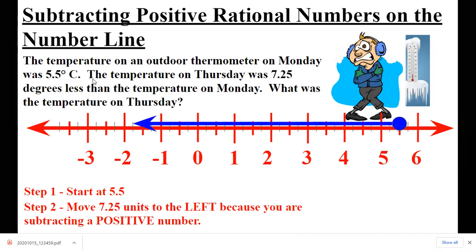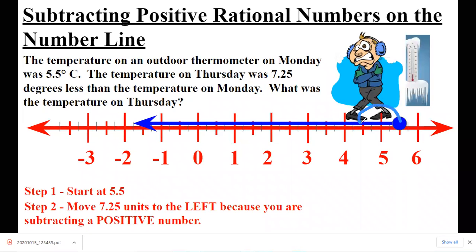So there we go. And if I move 7.25 units, let's see what's exactly 1 unit. There's 1, 2, 3, 4, 5, 6, 7 right here. And then we have to go a quarter more. So that's how we end up right there.